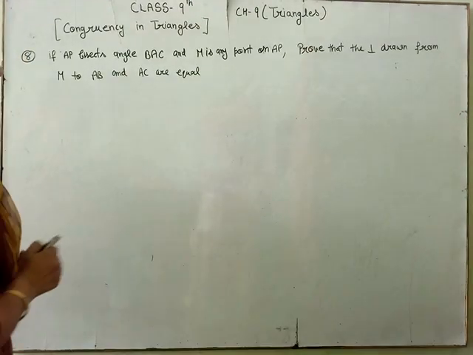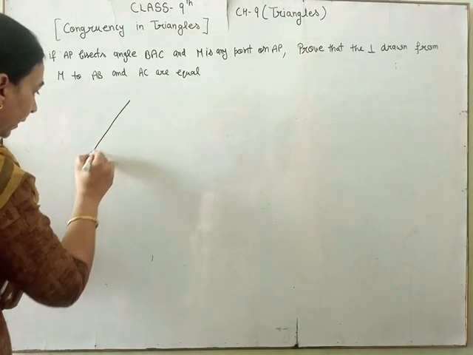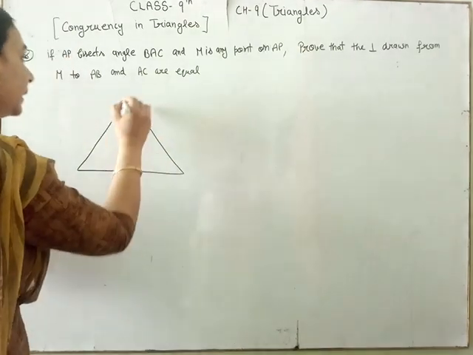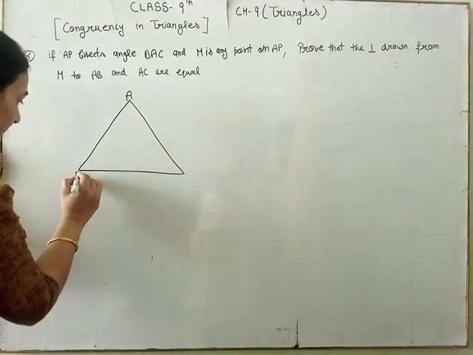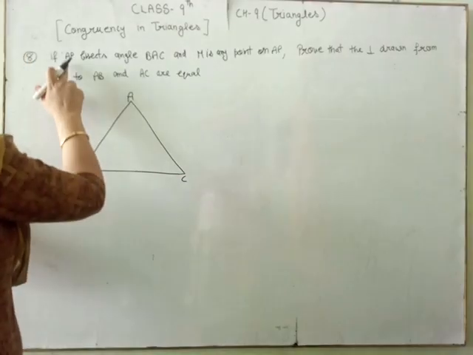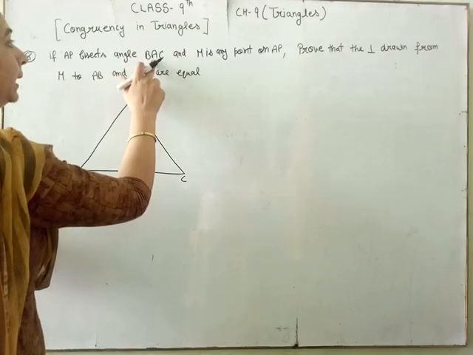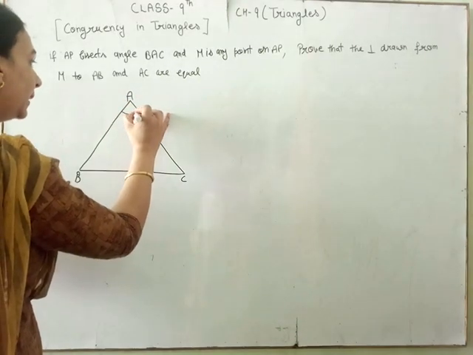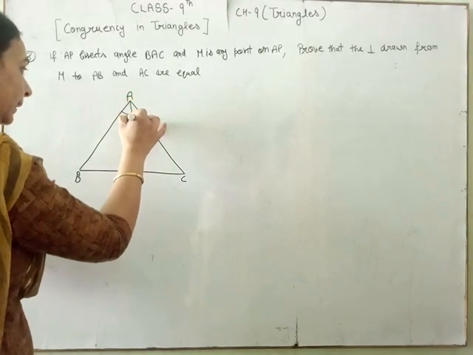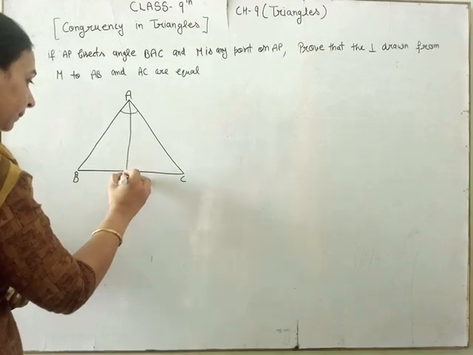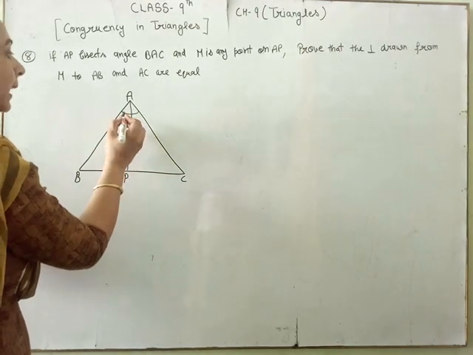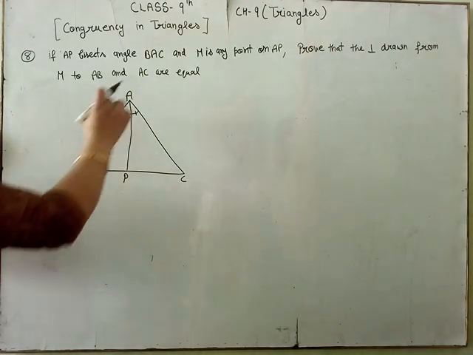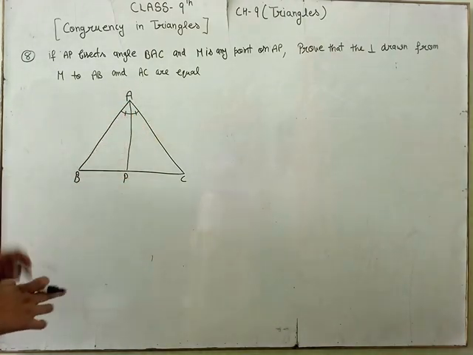Here there is an angle, so first we have a triangle ABC, and AP bisects angle BAC. Let this AP bisect angle A. Then this part and this part, both angles, are the same because AP bisects this angle.